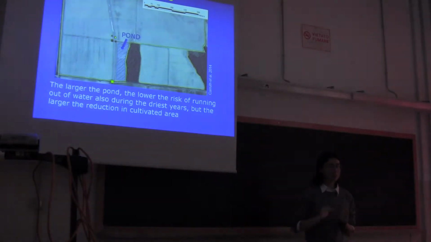I can be sure to have the water, but I'm reducing the cultivable area, which means that my maximum yield is decreased. Or I can go the other way around, gamble, go with a small pond, hope for the best. If water runs out, well, I will need to face the consequences.